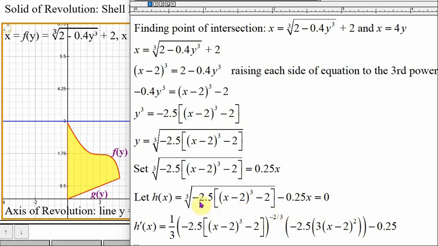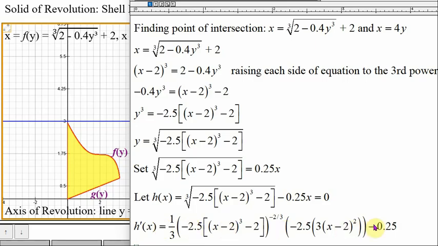And then the derivative of this part is negative 2.5, and then times 3, and then times x minus 2. And then 3 minus 1 is 2 here. And then the derivative of 2 here is just 0, and the derivative of negative 0.25x is just negative 0.25. So this will be h of x, and this is the derivative of h of x.